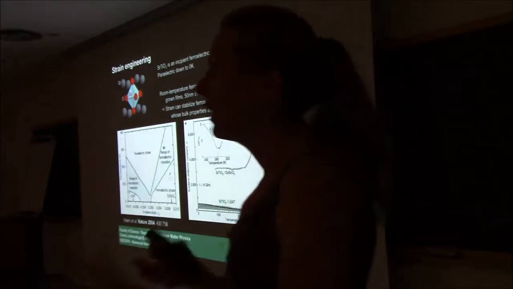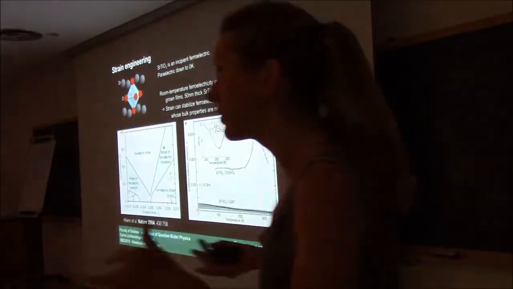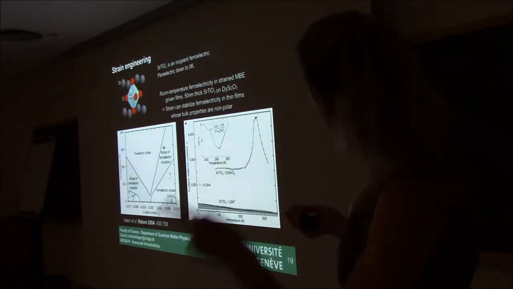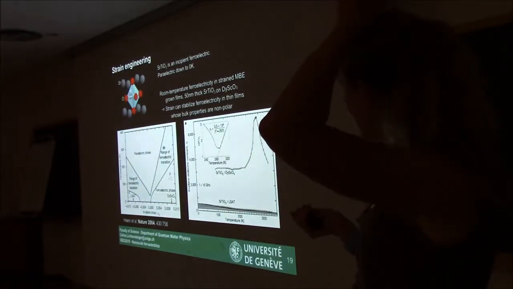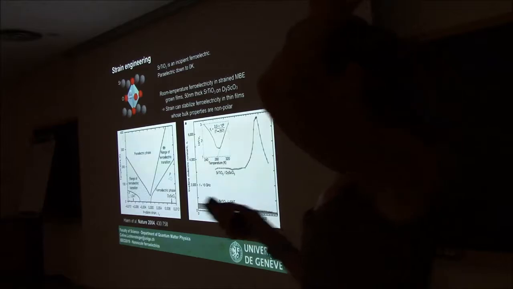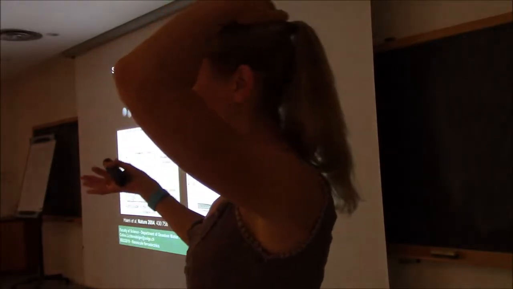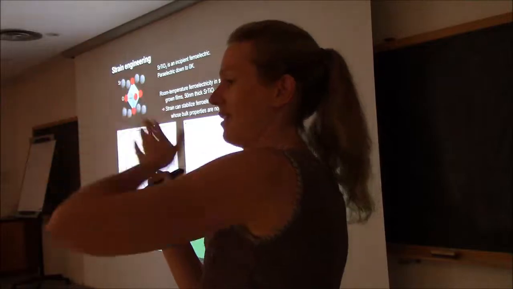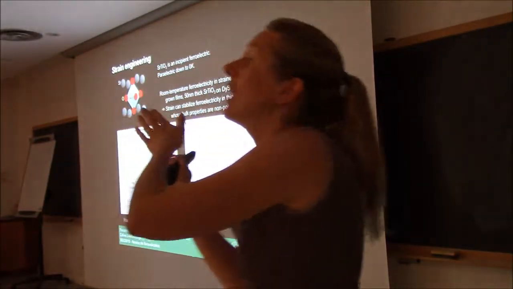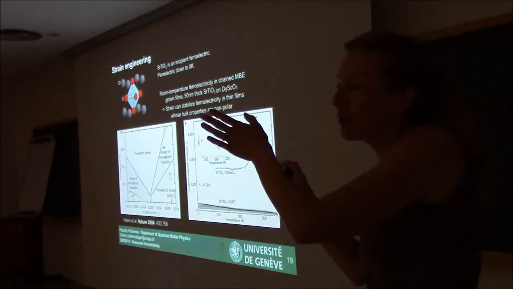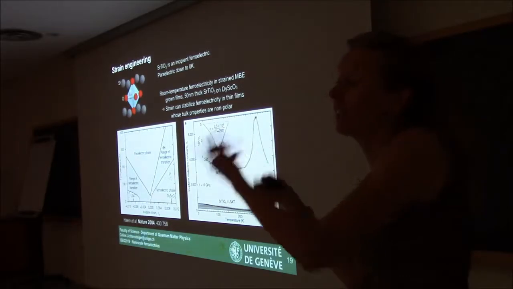So it's true that if you have two materials that have different thermal expansions, well, usually, and this is something that bothered me for a while, usually the strain is expressed as a function of the lattice mismatch at room temperature. But once you have thermal expansion, if the two materials don't have the same thermal expansion, if one has a larger slope than the other, then the lattice mismatch is actually also changing as a function of temperature, and you are changing the strain.